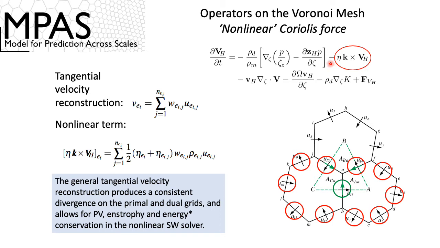Now, to construct the full nonlinear Coriolis term, it's done differently. We don't compute this velocity and then just multiply it by the full vorticity evaluated at the edge. Instead, we actually take a weighted sum using these weights for W times U, the weights that show up in this tangential velocity reconstruction.